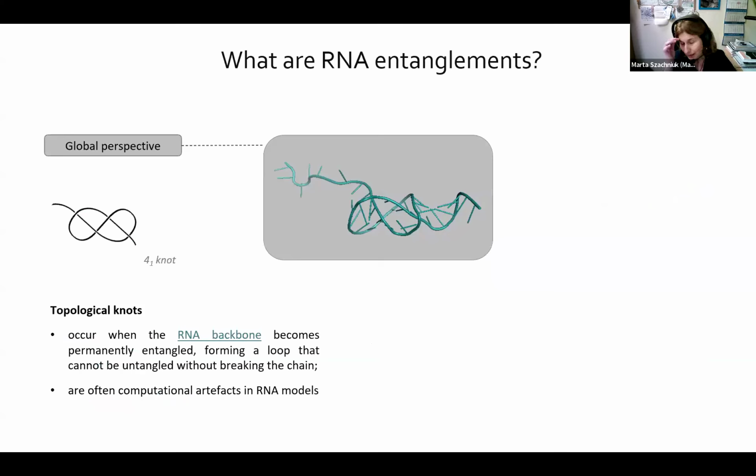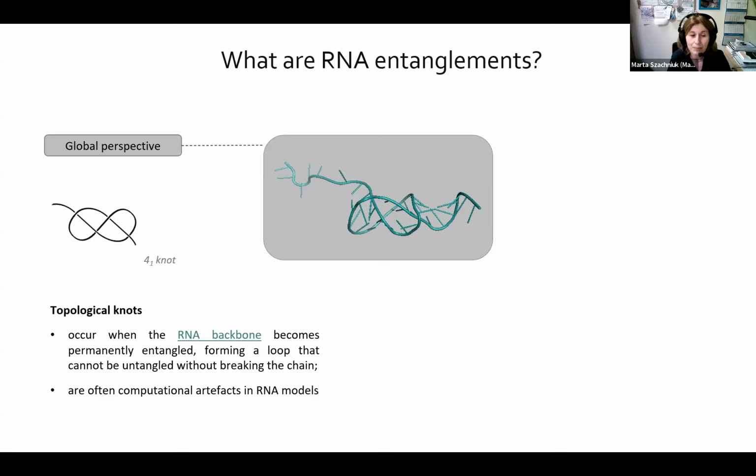When I'm looking at a structure and trying to evaluate the topology, I can look at it from a global perspective or from a local perspective. When we look at the structure from a global perspective, we can try to find out whether the structure contains any topological knots.